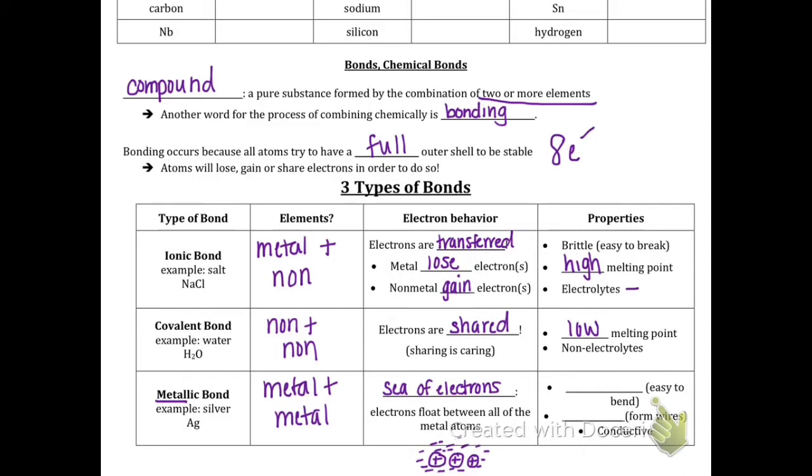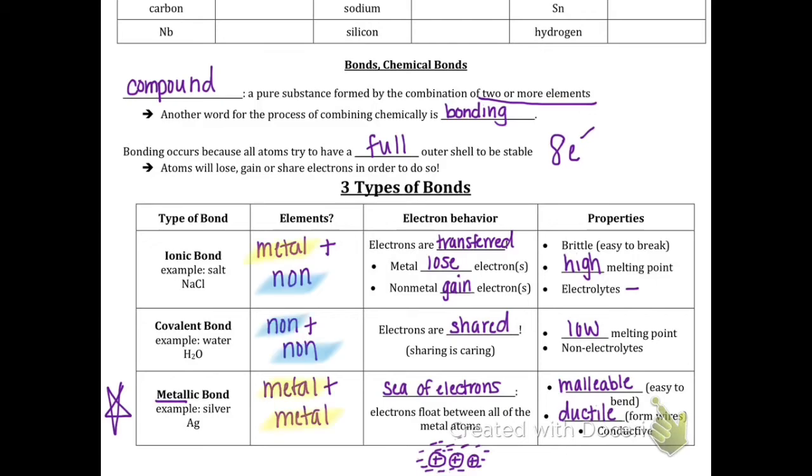Metallic bonds have two popular properties. One is easy to bend. Remember that is called malleability, so we'll just write malleable. Also, you can really thin them out to form wires, and we call that ductile. And they're also very conductive. Like I said, this is the only place we'll talk about metallic bonds. In the later notes, we're only going to talk about ionic and covalent. So don't forget about your metallic bonds here.